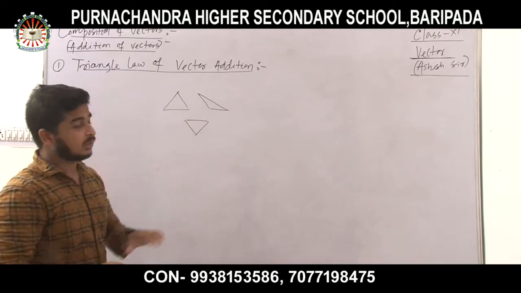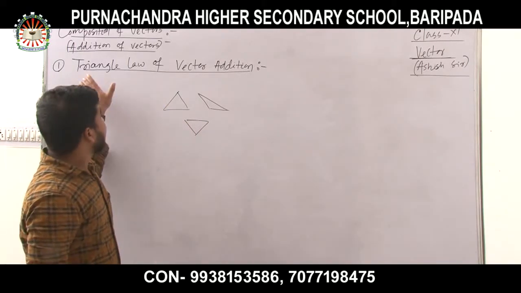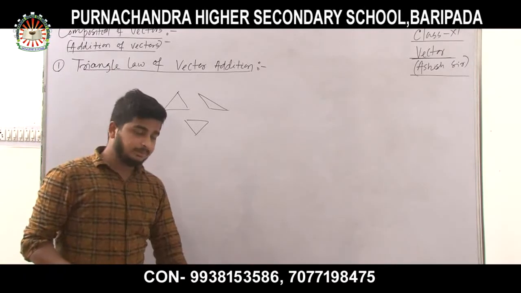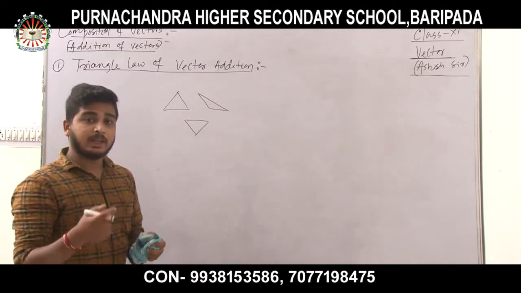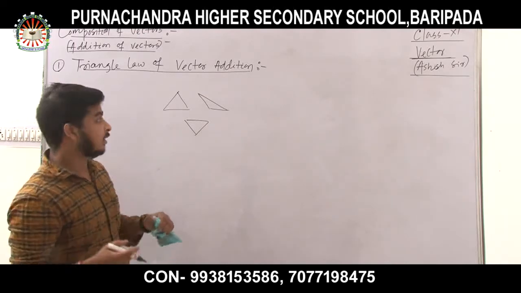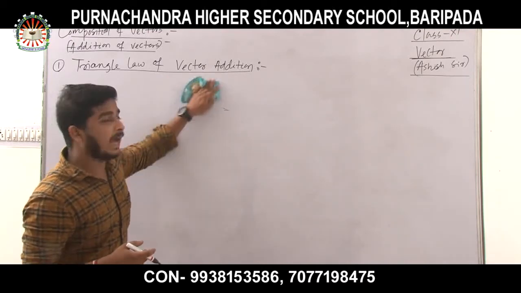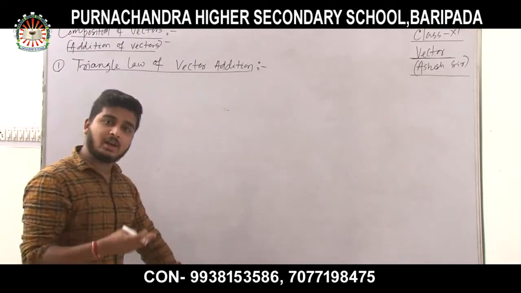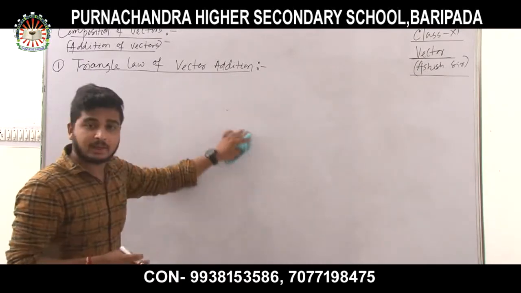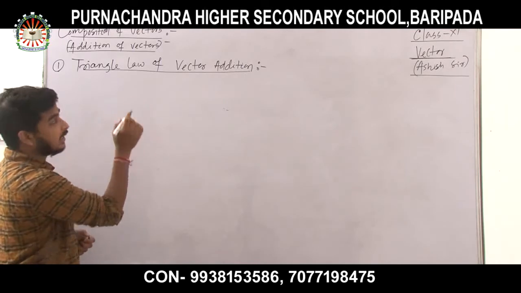There are various types of triangle you can make, and in the triangle law of vector addition there are two different methods in order to add the vectors. There are three laws, but in the triangle law of vector addition there are two methods to add the vectors.